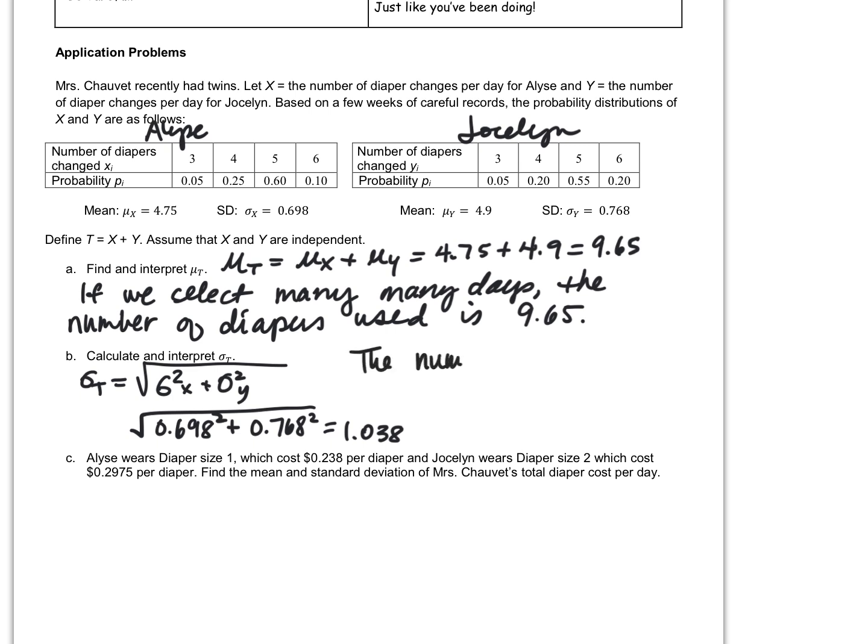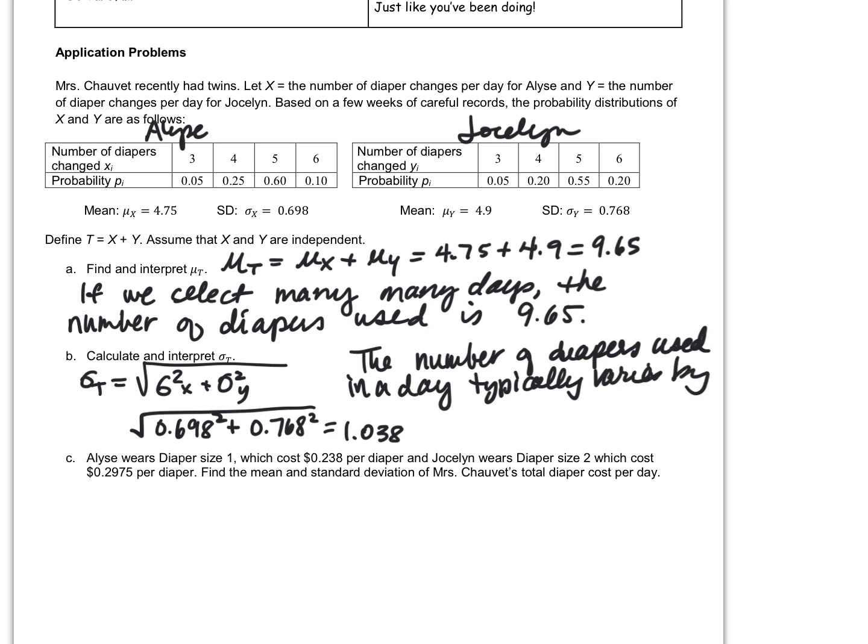The number of diapers in a day typically varies by 1.038 from the mean of 9.65.